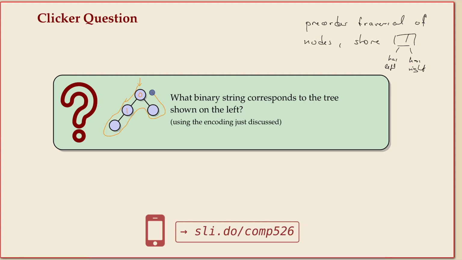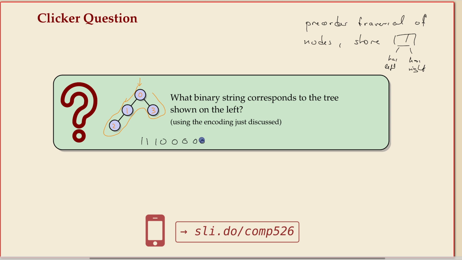We walk around the outside of the tree, so we have to encode it in this order. And then by the same means as before, this one has both, so it gets a 1, 1. This one has only a left child, so it gets a 1, 0. And then the remaining 2 are leaves, so they get 2 zeros each. All right.